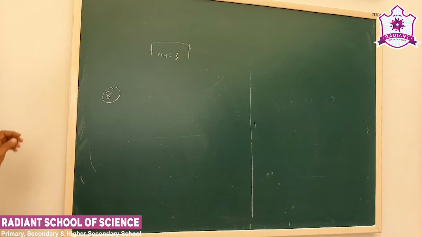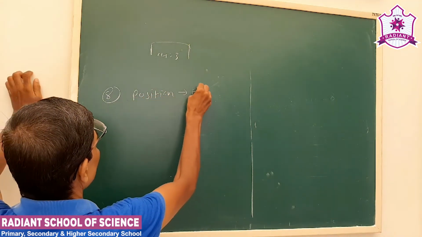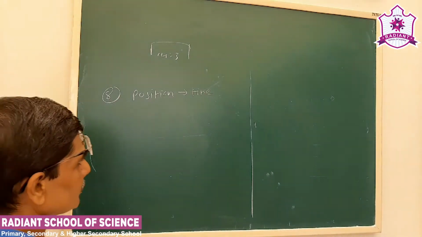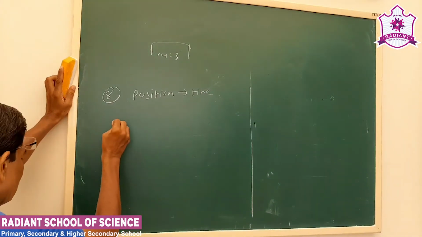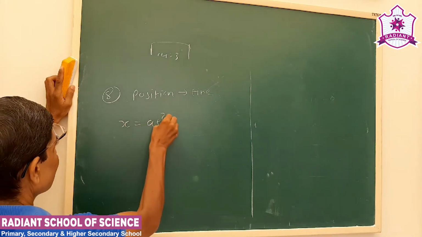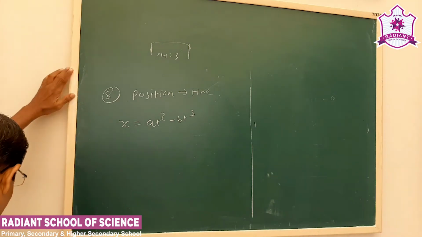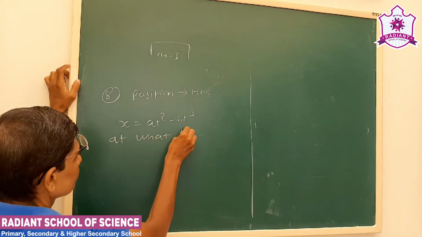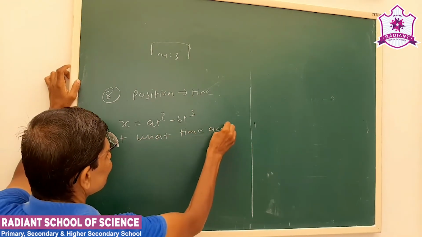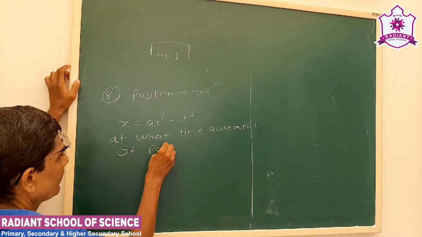See the position time relation. The position time relation is given to us as x is equal to at square minus bt cube. The question says, at what time is the acceleration of the particle zero?